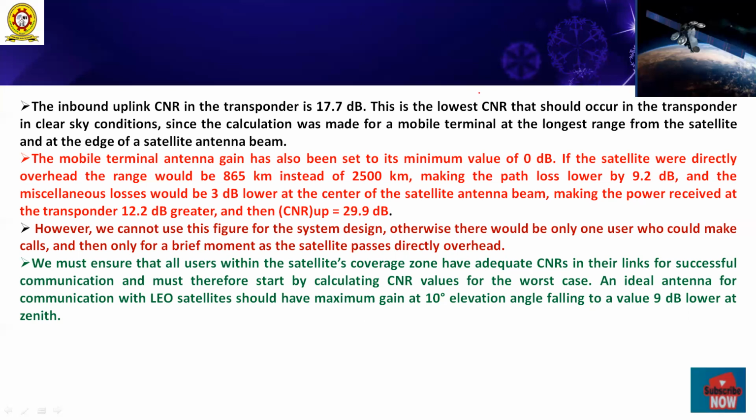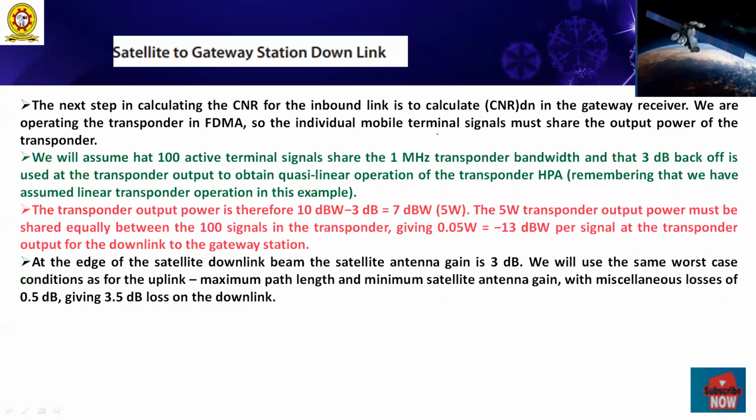That is the majority task performed by ground earth engineers. In this way, mobile to satellite earth stations are constructed. Next, what is the scenario generally happening in a regular live satellite, that is, satellite to gateway station?